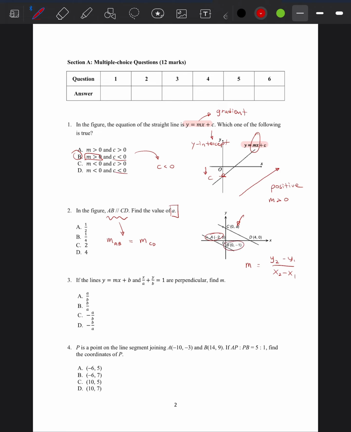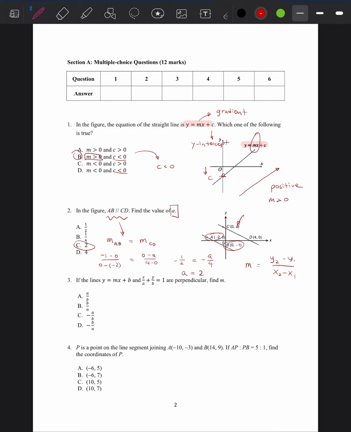So for the gradient of AB, we look at the coordinates and we get -1 minus 0 over 0 minus -2, which equals 0 minus a over 4 minus 0. Rearranging it, we have -1/2 equals -a/4, and your a will be 2. So your answer is C.